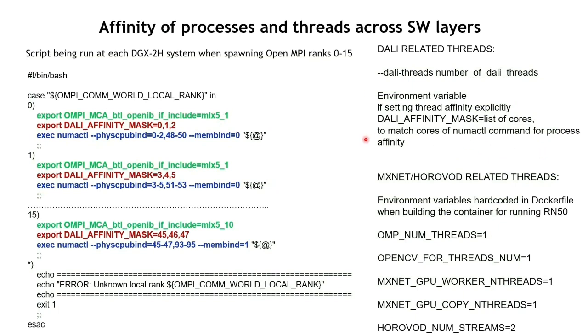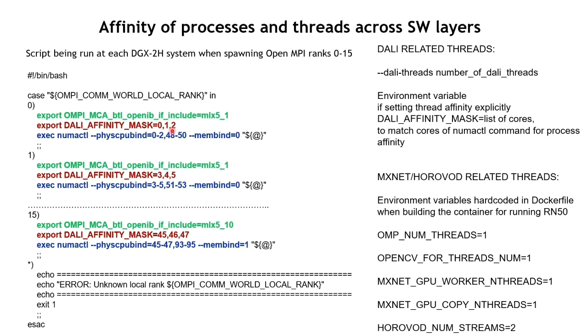We can place all the affinity settings in the following script that is used at the time of launching the application. We can, for instance, specify for a given local MPI rank what cores are used, and within the application what threads are used for pre-processing data.